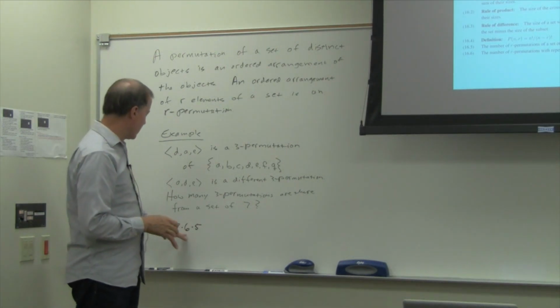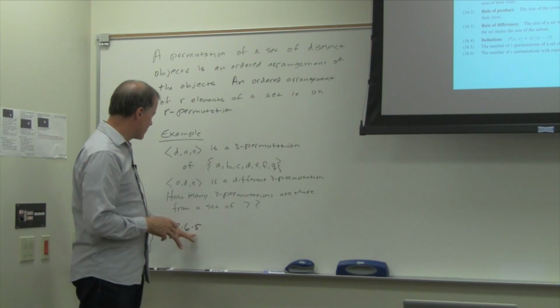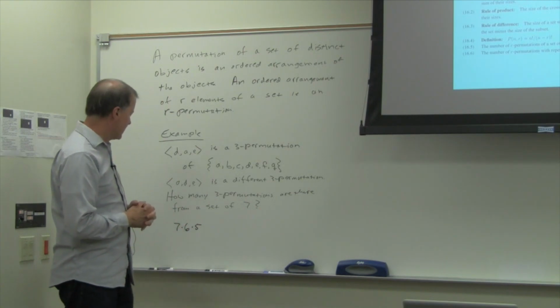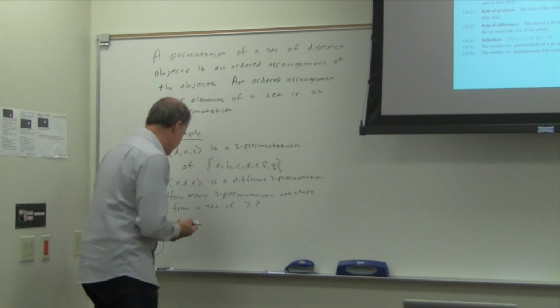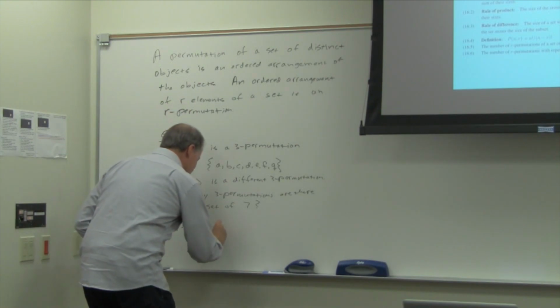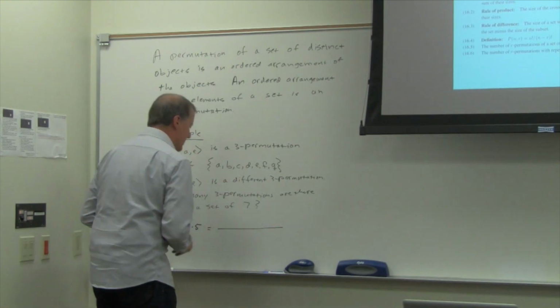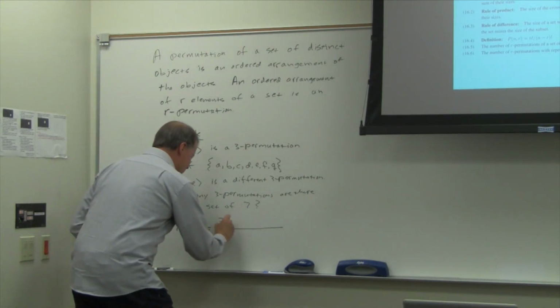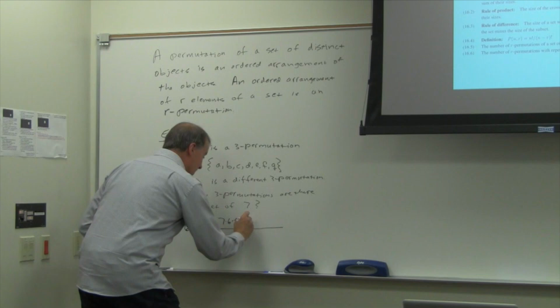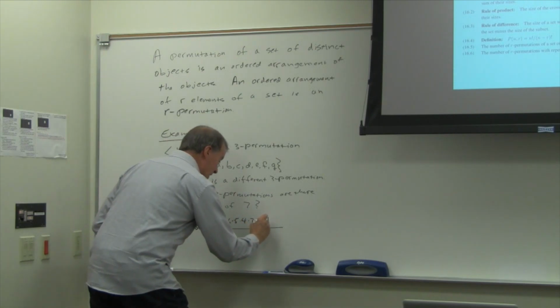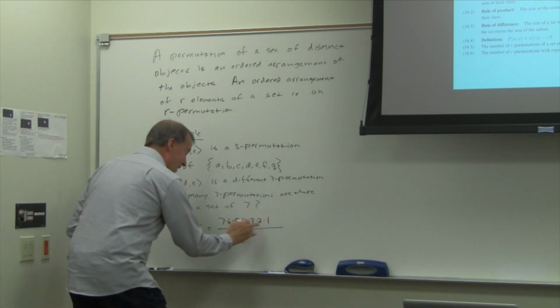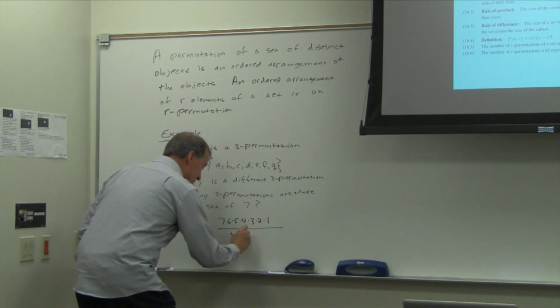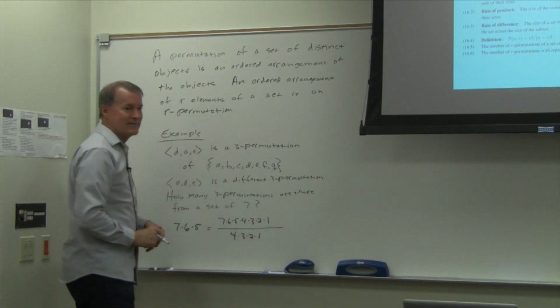But there's another way to write 7 times 6 times 5. Another way to write it is 7 times 6 times 5 times 4 times 3 times 2 times 1, divided by 4 times 3 times 2 times 1.